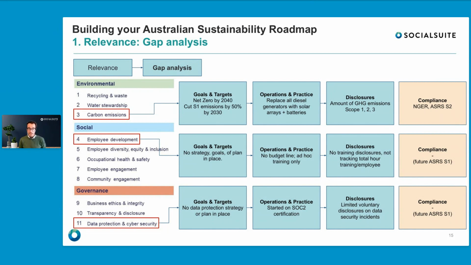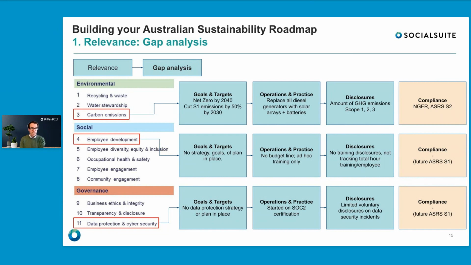You're looking at compliance, you might find, well, there's nothing particular at the moment, but in the future, ASRS S1, which is more general kind of requirements, might become mandated as well, or I might decide to report on that on a voluntary basis. So let's keep that in mind as well.